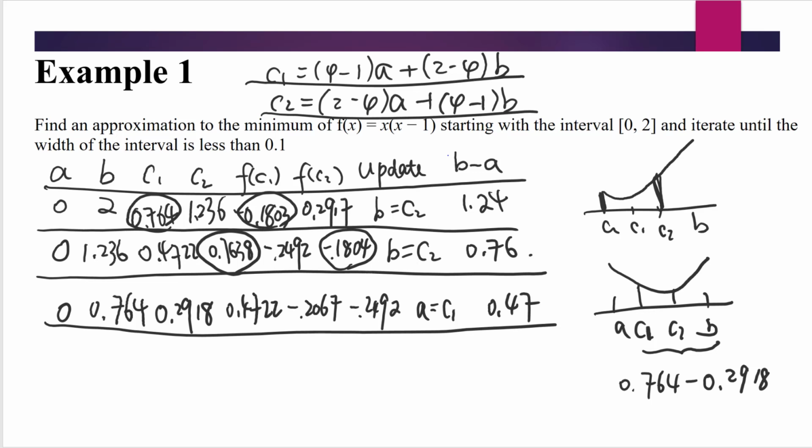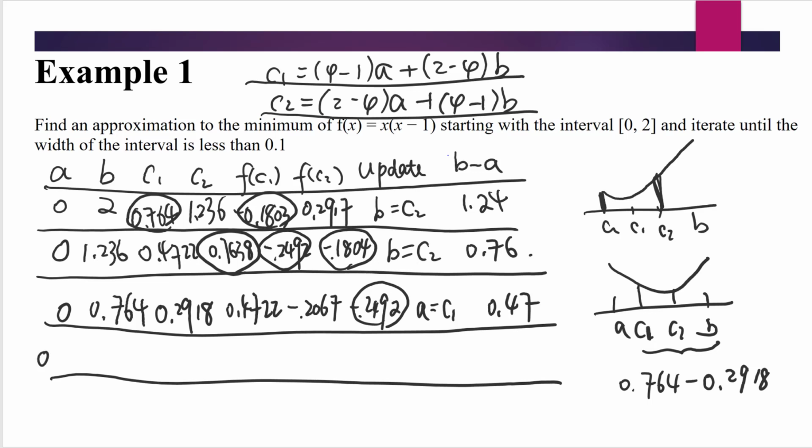Okay, so actually here you can see this f(C2) is equal to the previous f(C1). So we don't need to evaluate it again. And then in the next iteration, we have A, which is C1, so it's 0.2918, and B isn't updated, 0.764.